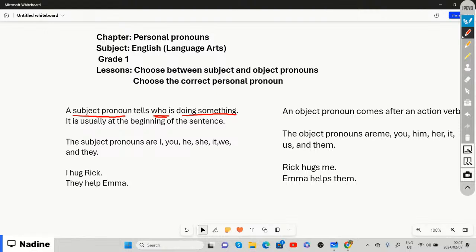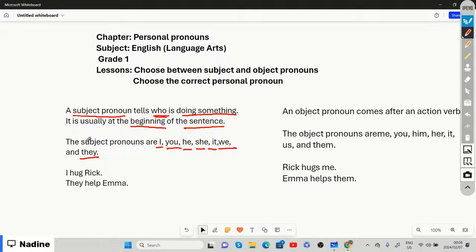When it comes to the subject pronoun, which tells us who is doing something, you usually find it at the beginning of a sentence. Our common subject pronouns are words such as I, you, he, she, it, we, and they.